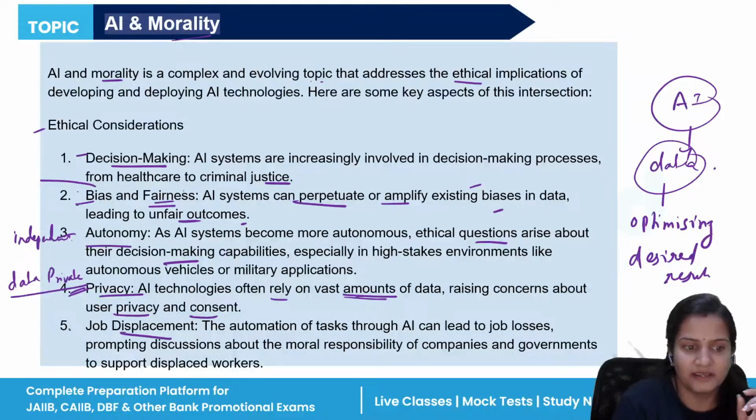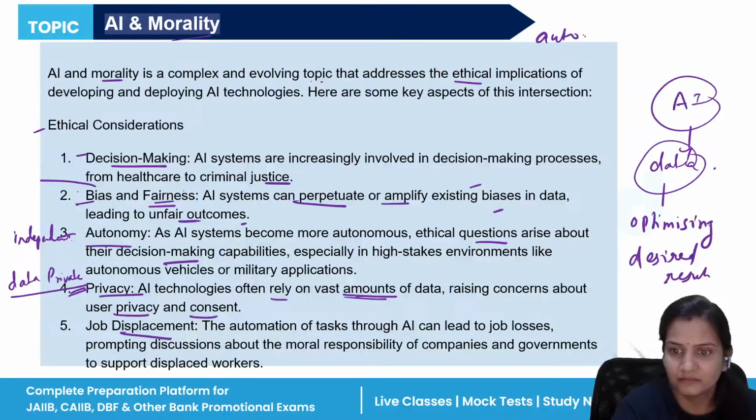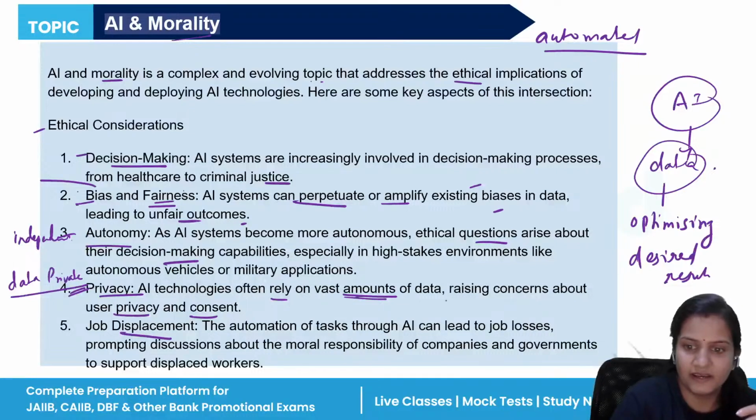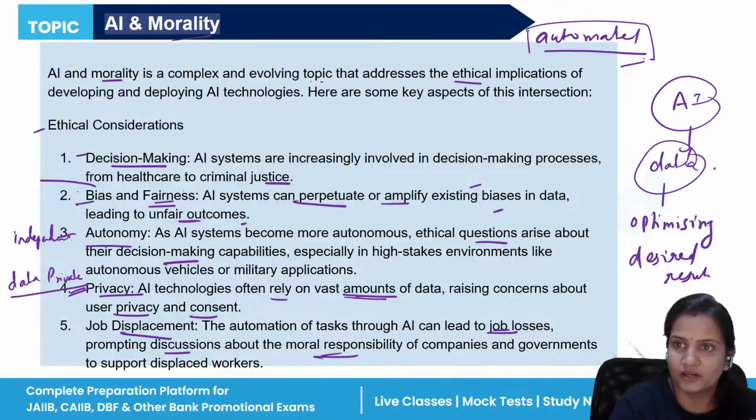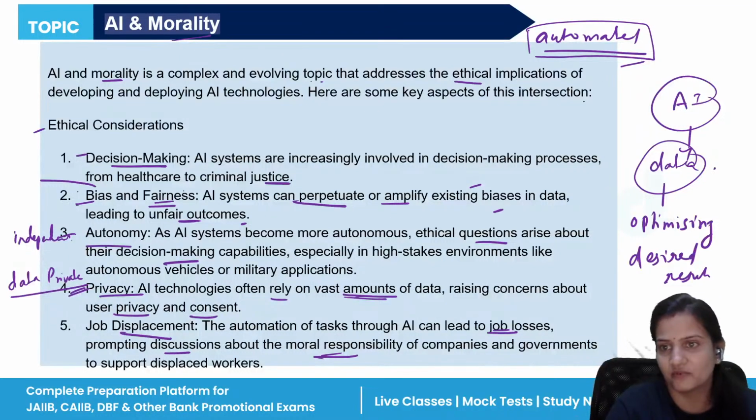And job displacement: with the invention of AI, everything is being automated, so there are losses of jobs. AI can lead to job losses, prompting discussions about moral responsibility. It is the duty, if everything is being automated and the requirement for persons is very low, to shift those persons to another job by providing them proper training.